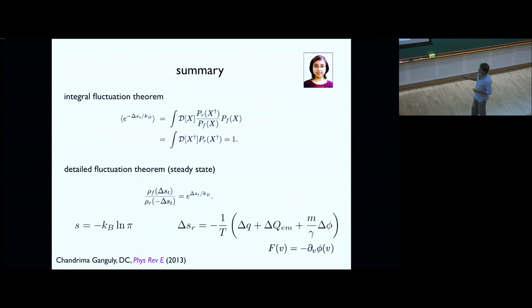Everything else follows the integral fluctuation theorem, detailed fluctuation theorem. At steady state, we are now thinking about a specific steady state under constant drive. Then you have this total entropy production, which has this extra bit.